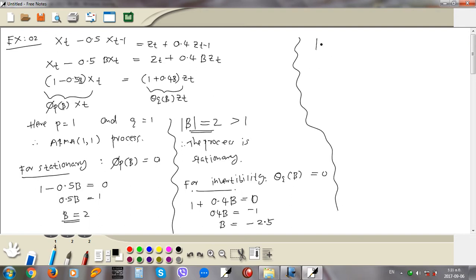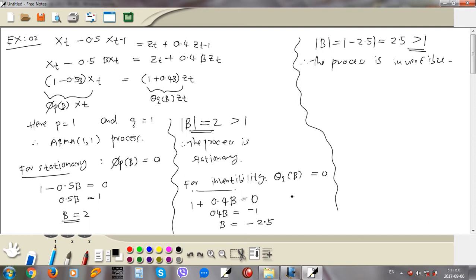Then we have to check the absolute value of B. It means the absolute value of minus 2.5 is 2.5, and that is greater than 1. Therefore, since this is greater than 1, the process is invertible. That is not a difficult one, that is also very easy.